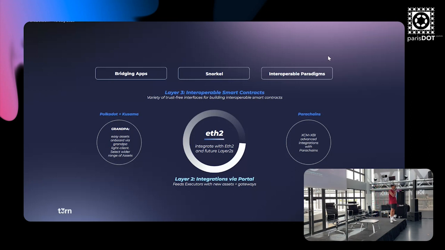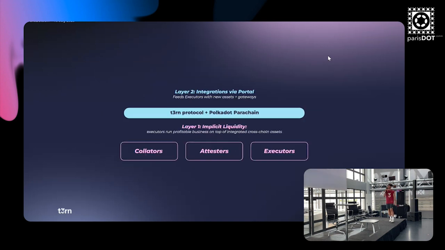The next light client that we have developed is Ethereum 2. So it essentially means that every new chain that we integrate, in this case Ethereum, can interact with all of the previous integrations using exactly the same uniform API through the Portal. And about this API, this is going to be the next slide.